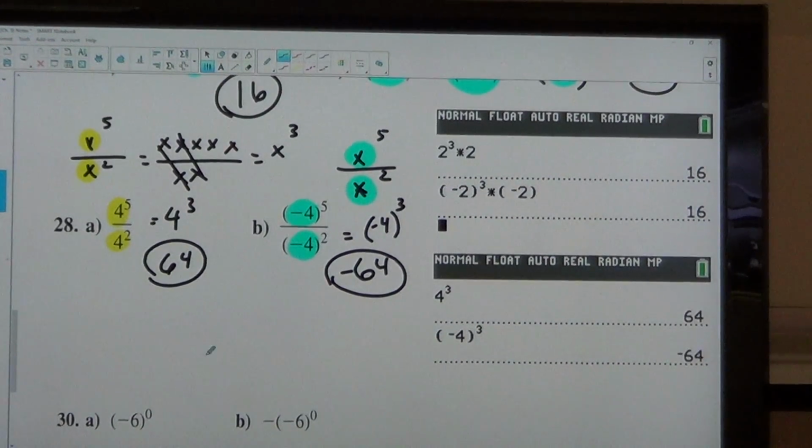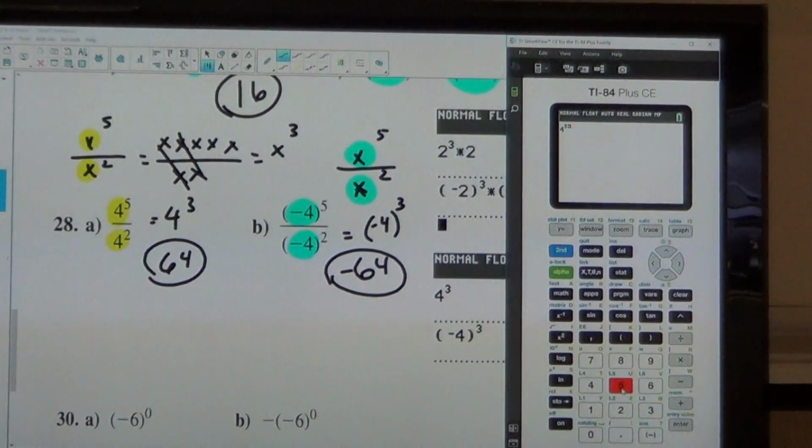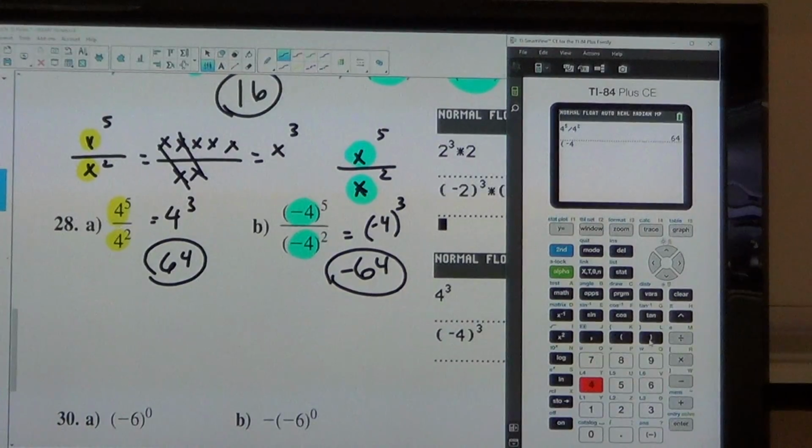Now, we can actually do this one in our calculator by doing 4 to the 5th, jump off the airplane, divided by 4 to the 2nd, jump off the airplane, and we get our first answer. Parentheses, -4, parentheses to the 5th, jump off the airplane, divided by parentheses, -4, parentheses to the 2nd.